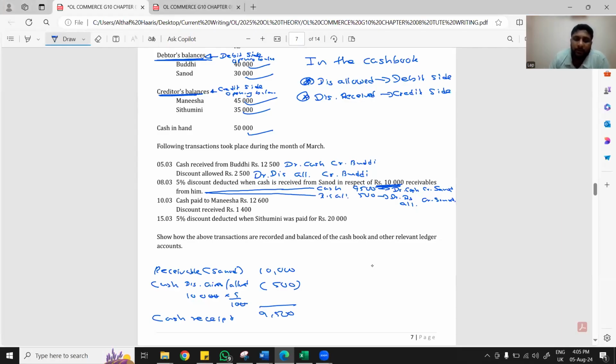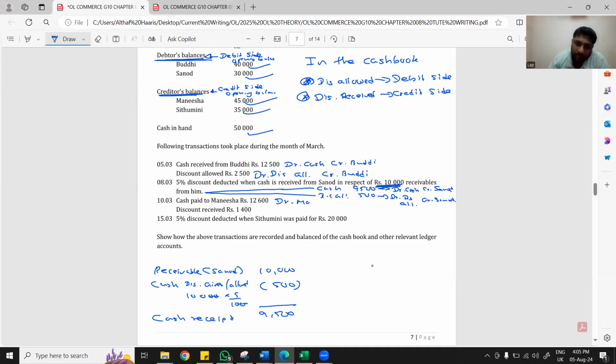Okay, next one. Cash paid to Manisha, 12,600. So you are paying cash. When you are paying cash, your liability is decreasing. Liability decreases is a debit record.